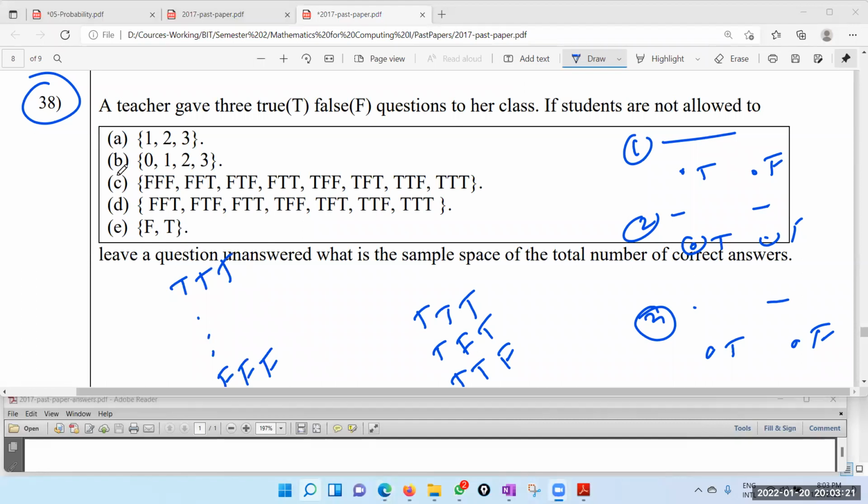Answer is C. Yes, all 3 are true. Maybe false, false, true, false, true, false. So 1, 2, 3, 4, 5, 6, 7, 8. 8 possibilities are there all together.